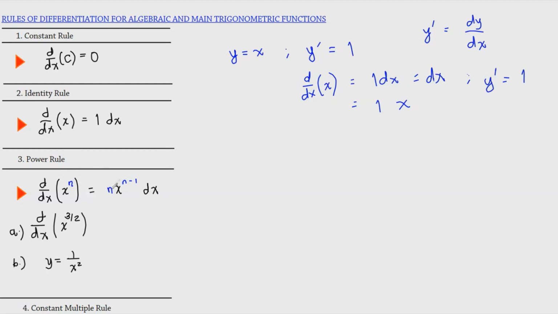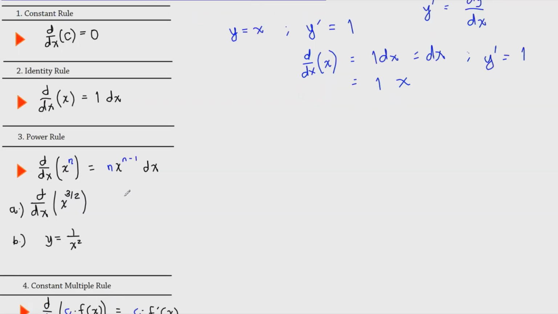All you have to do is put the exponent in front of x and then subtract 1 from the original value of the exponent.